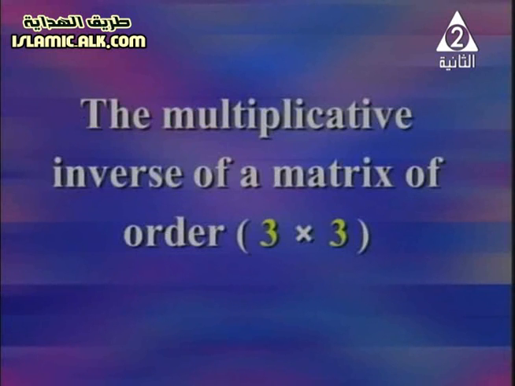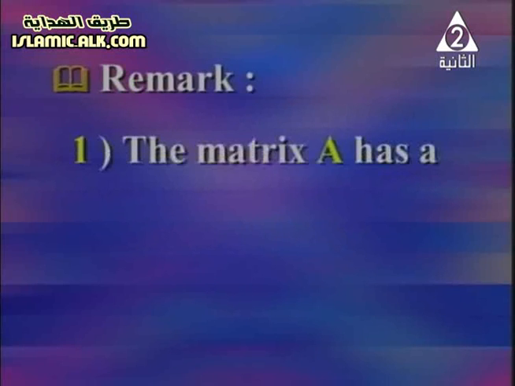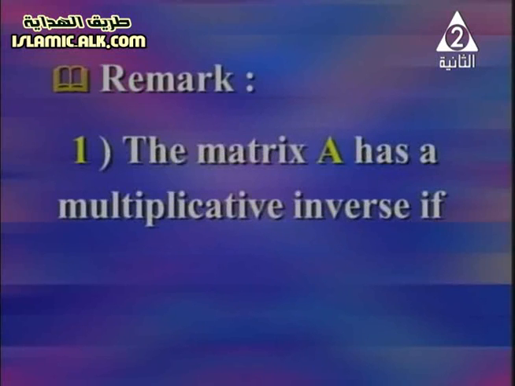The multiplicative inverse of a matrix of order 3 times 3 is a very important title. Look, dear student, a matrix of order 3 times 3 has 3 rows and 3 columns. Remark: the matrix A has a multiplicative inverse if the determinant is not equal to 0.